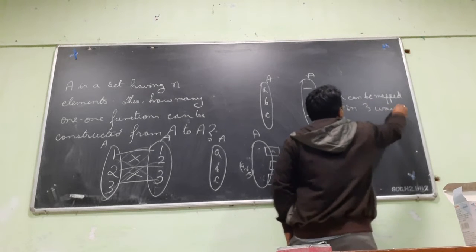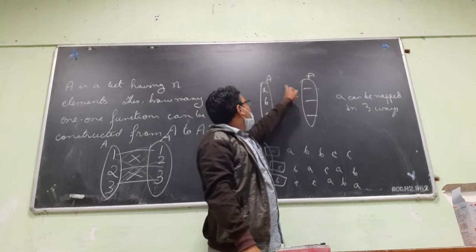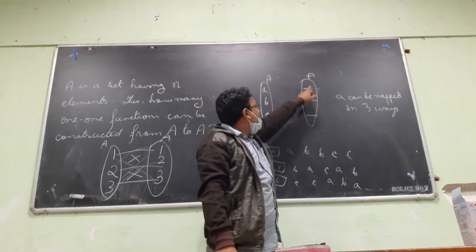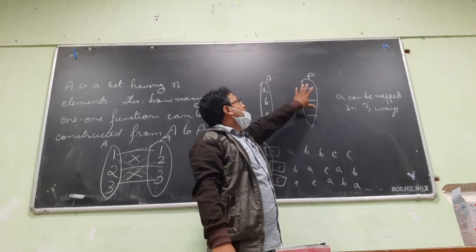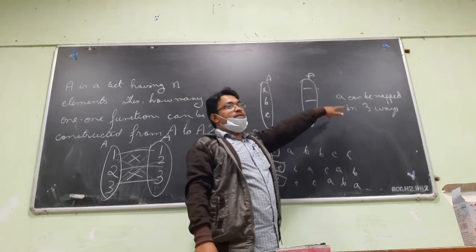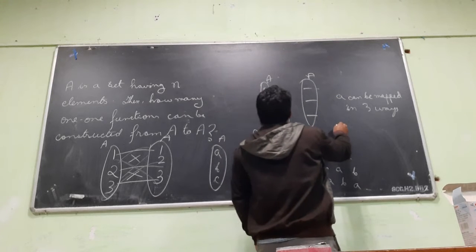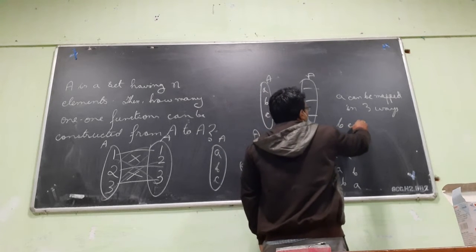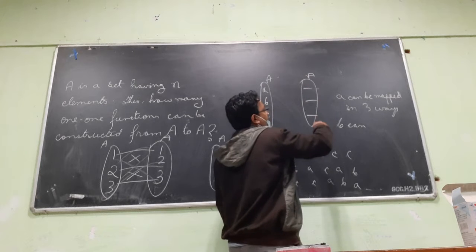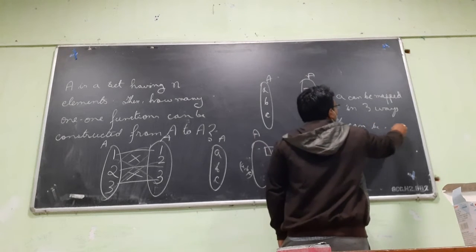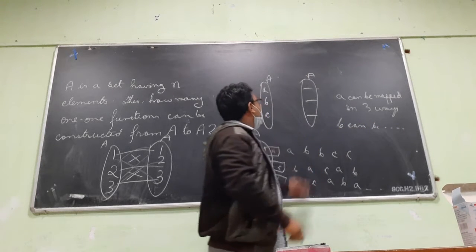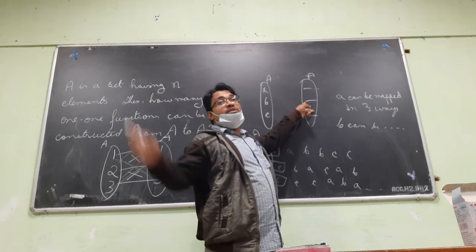So A can be mapped, mapped meaning finding the image, in 3 ways. For A, I can put f of A in any one of these 3 options. Then B can be mapped in how many ways? B can be mapped in 2 ways because we need a 1-1 function.